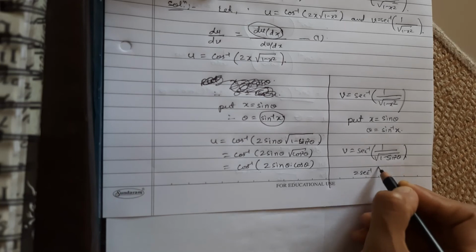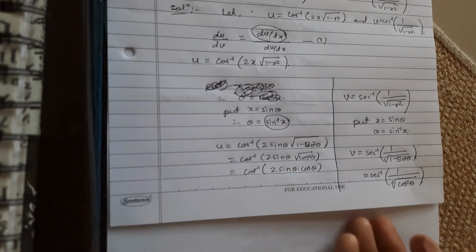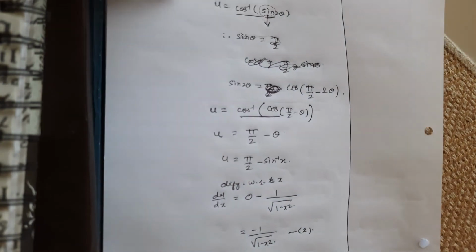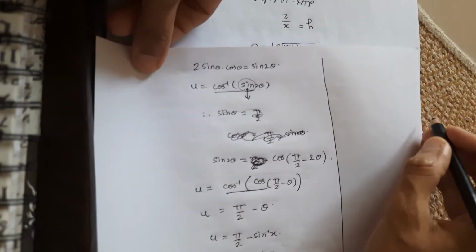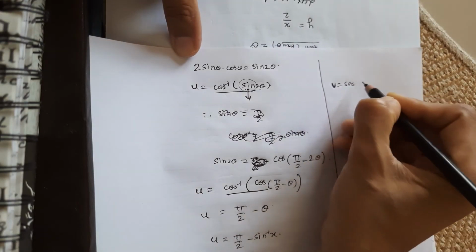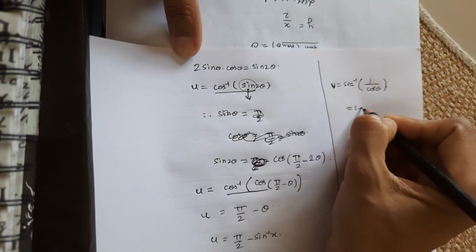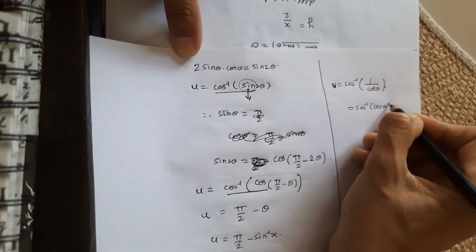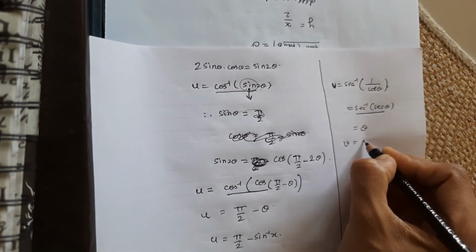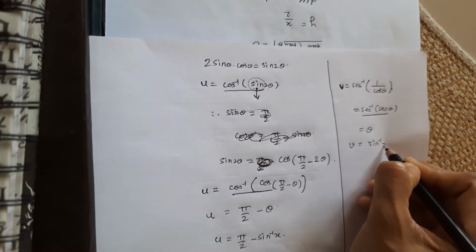So it is sec inverse of 1 upon root cos square theta, which is nothing but sec inverse of 1 upon cos theta, which is sec inverse of sec theta. This gets cancelled, I am left with theta. So v equal to the value of theta that we have substituted here, which is sine inverse of x.